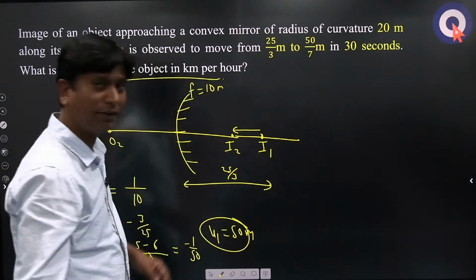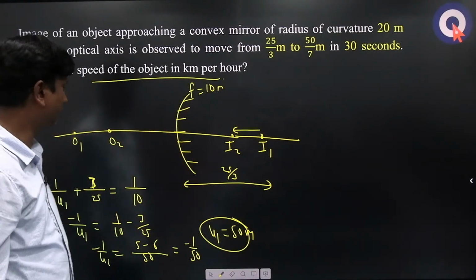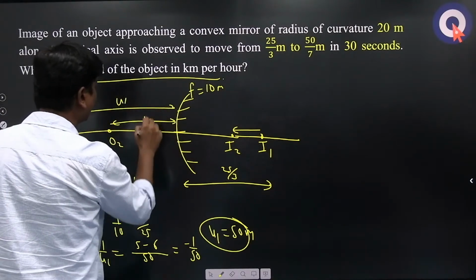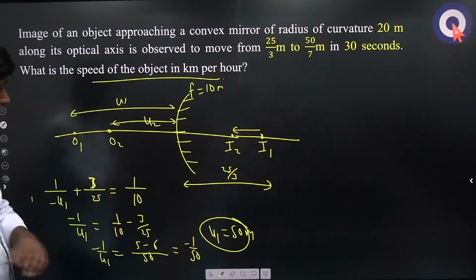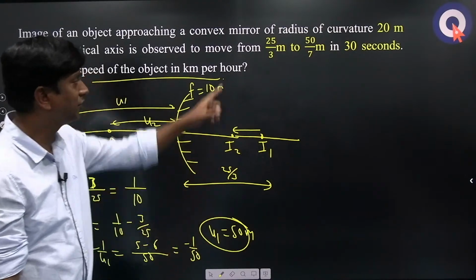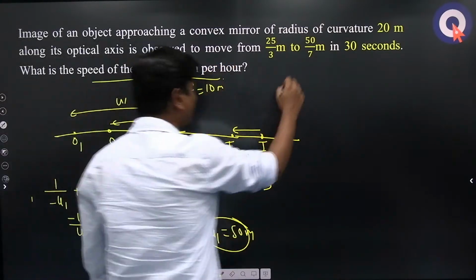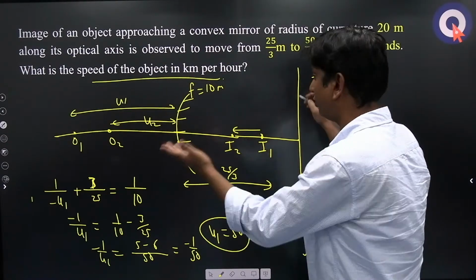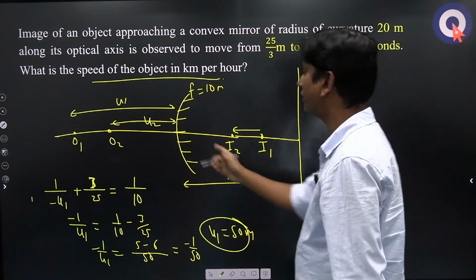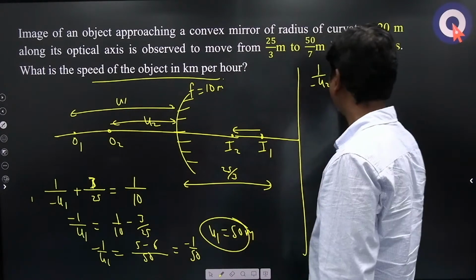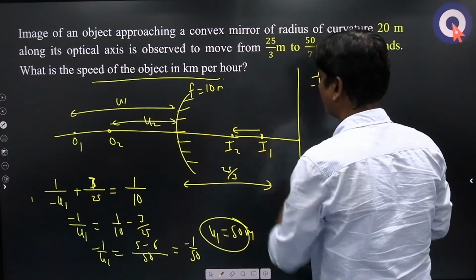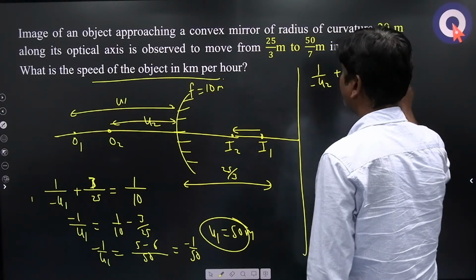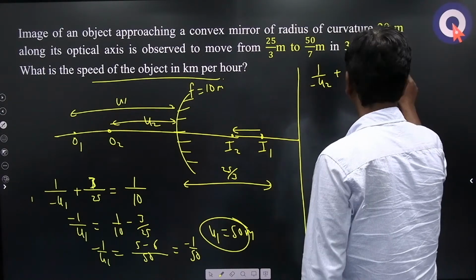Similarly, we find the value of u2. This was u1 and this is u2, for which the image distance is 50/7. Again use the mirror formula: minus 1/u2 because the object is to the left of the mirror, plus 1/v2 with v2 = 50/7, is equal to 1/f, where the focal length is again 10.